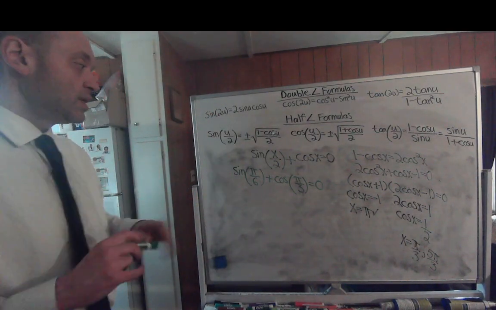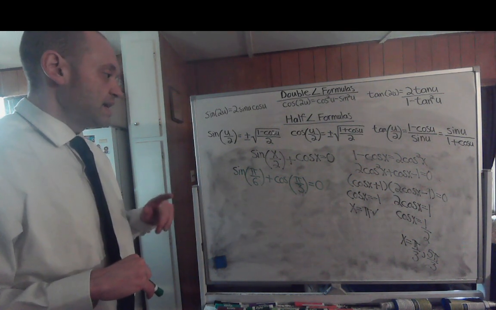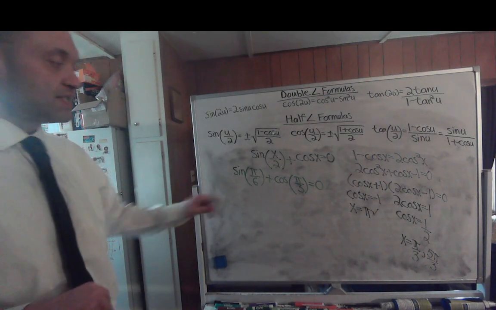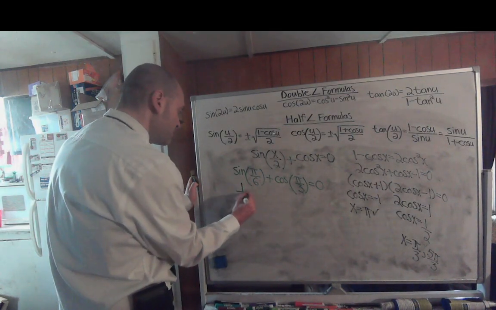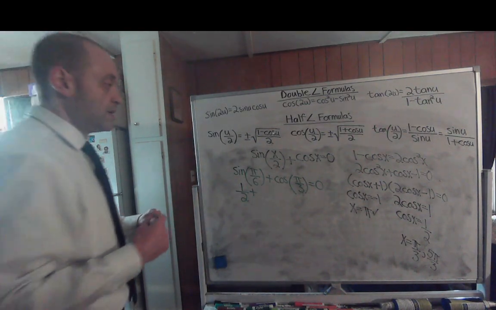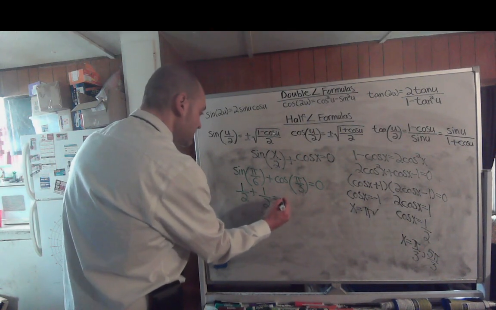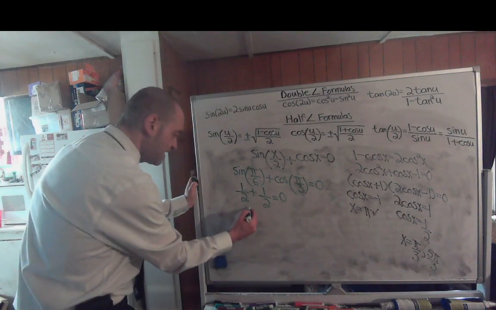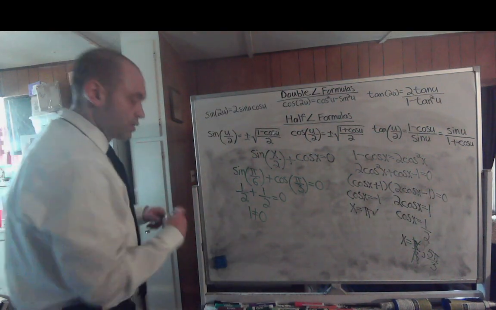Well, okay, so what is the sine of pi over 6? That's a sine of 30, that's going to be 1/2, plus what is the cosine of pi over 3? That's the cosine of 60, that's actually another 1/2. That's like saying 1/2 plus 1/2 equals 0, which would give you 1 equals 0. We know that's not true, so pi over 3 is an extraneous solution. That one's not going to work.